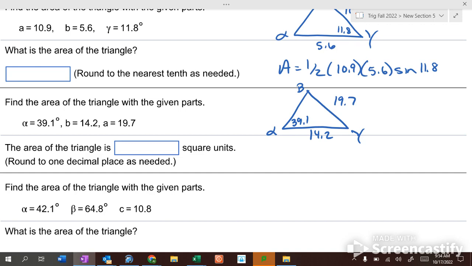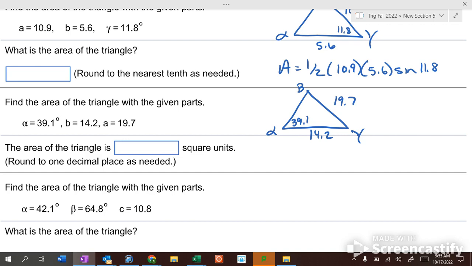C. We either need to know C or we need to know the angle in between these two. Doesn't matter which one we know, but we have to know one or the other because it has to be side, angle, side to actually stick it into the formula, because it's 1/2 AB sine of gamma.